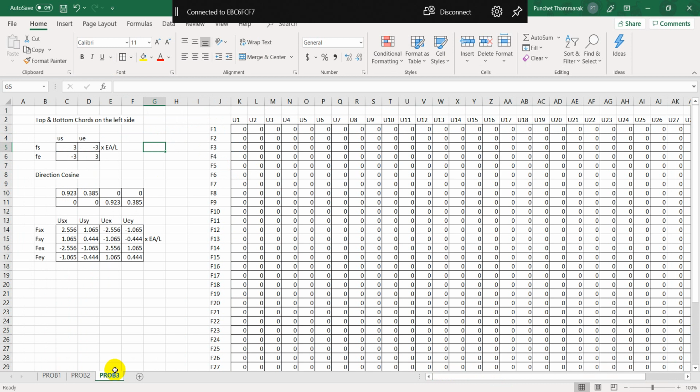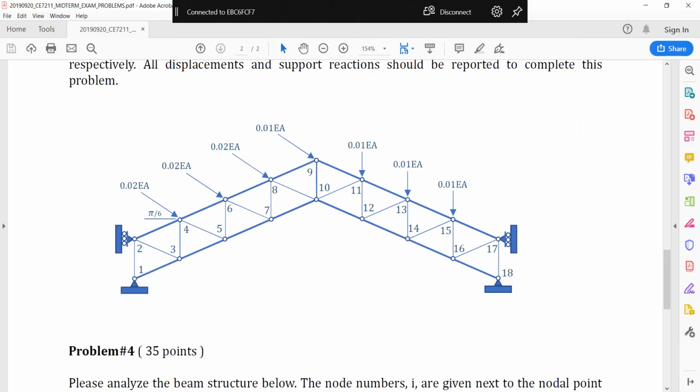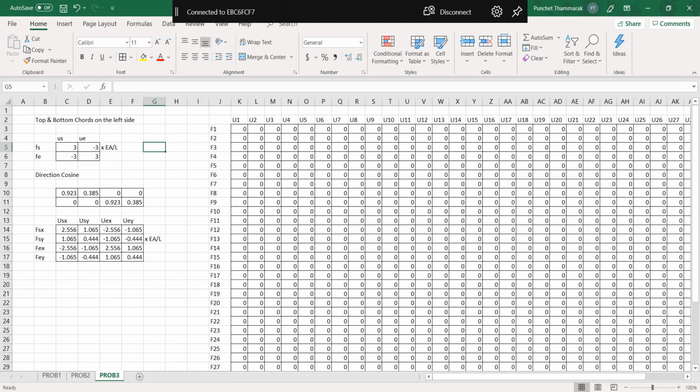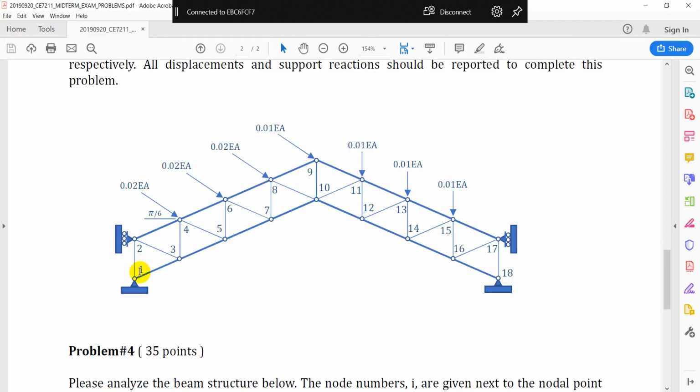And then I can just take care of these eight elements first. I don't want to have too many matrices of 36 by 36, so I'm going to have 1 to 36 for the top and bottom chords on the left first. So start with the first one.